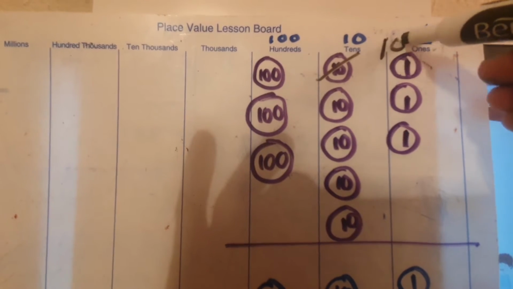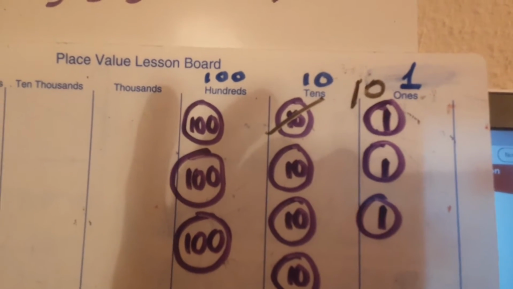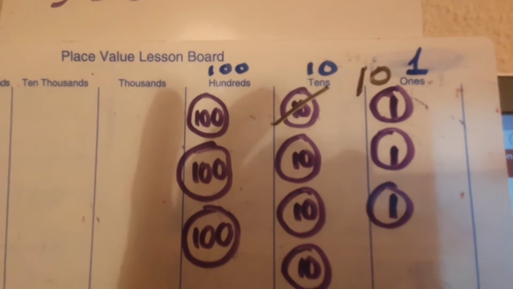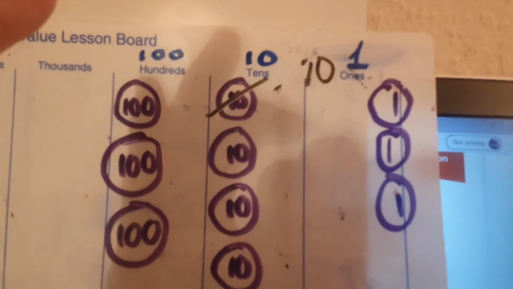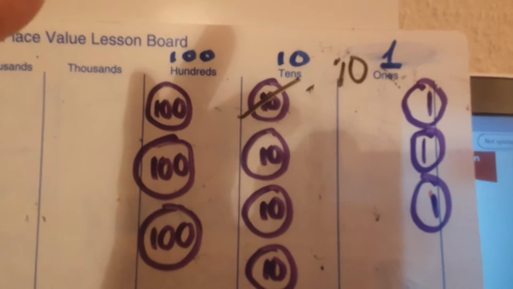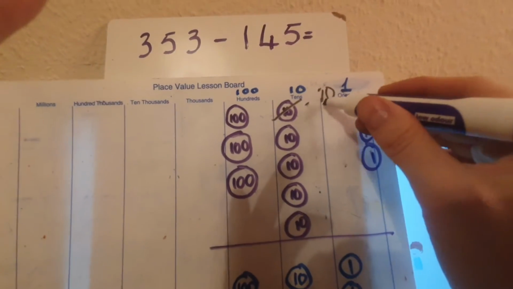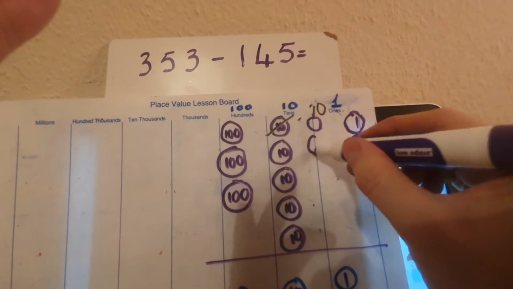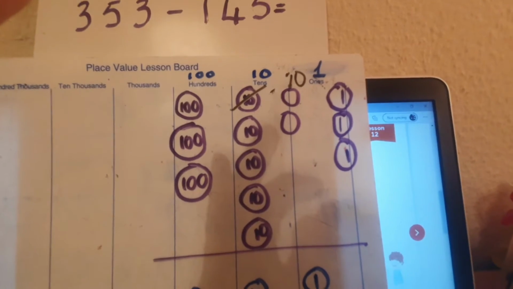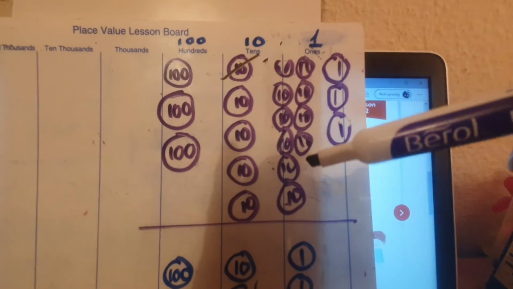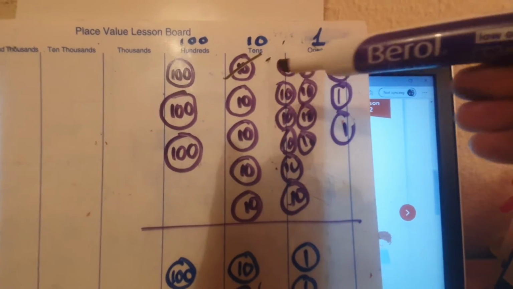Now we could just call that a 10, but we need to exchange that for 10 ones. So we've taken a 10, but we're exchanging it for 10 ones. So I'm just going to start drawing those out. 1, 2, and I'll draw the rest out in a second. Okay, so 10 is the same as 10 ones. We're exchanging a 10 for 10 ones.